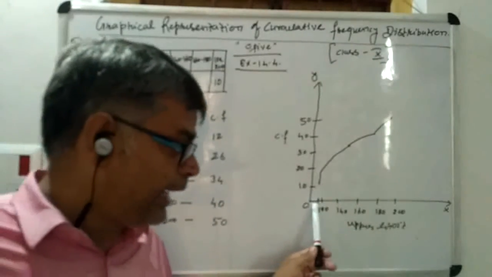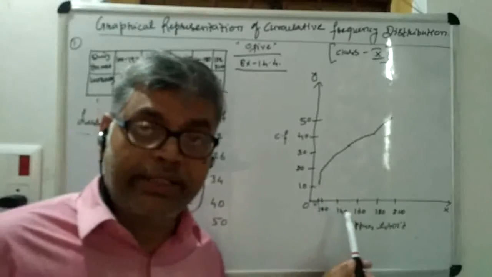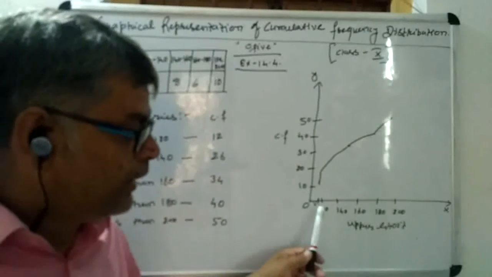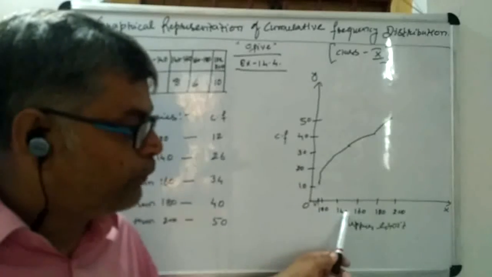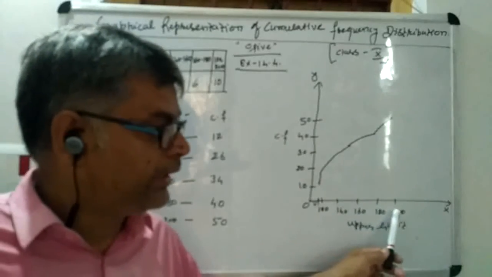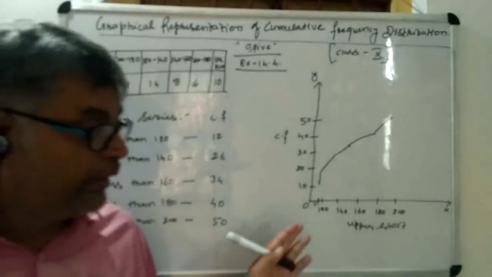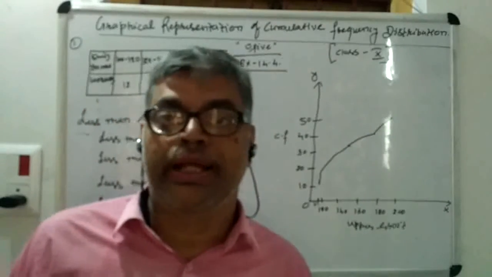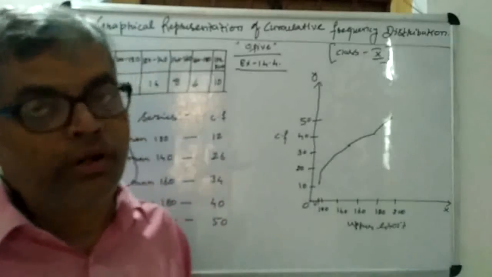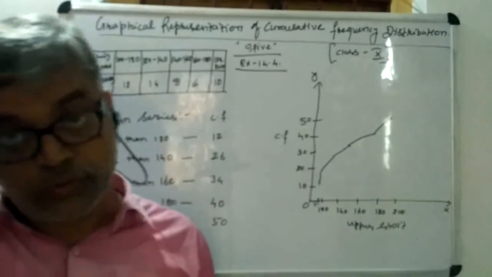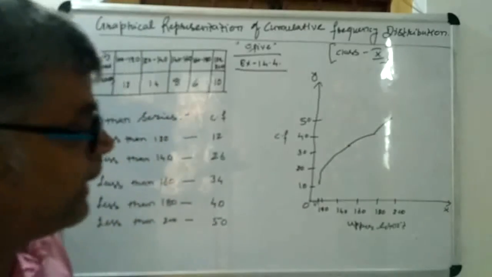This kink means that it is not starting with 0, it is starting with 120. So it starts with 120, 140, 160, 180, 200. And you know that to represent the graph, you have to take equal distance on the x-axis and equal distance on the y-axis also to represent things graphically.